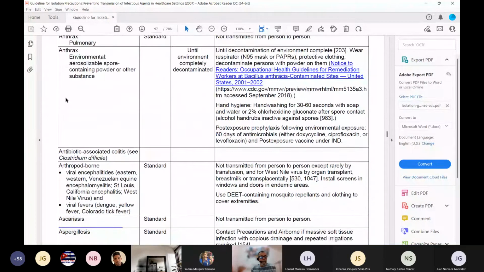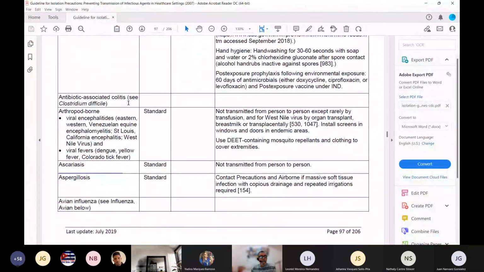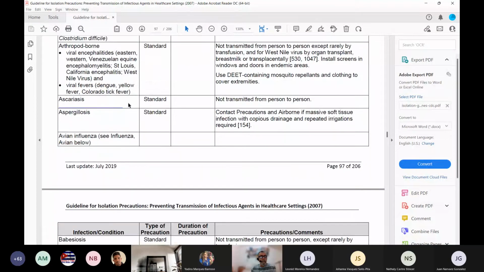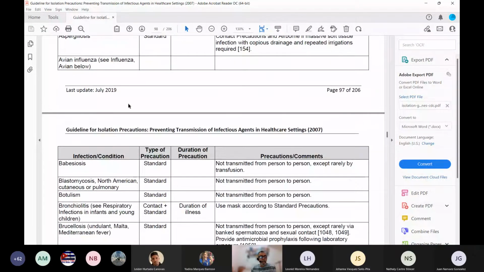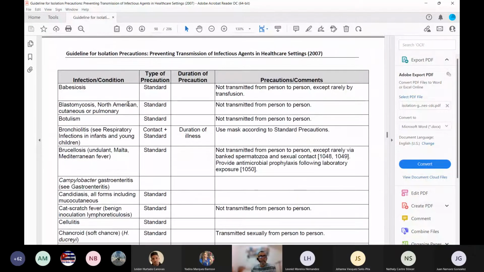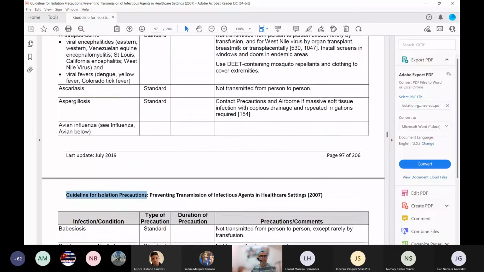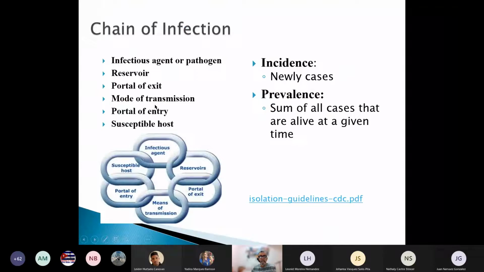So when you start studying and you find something that brings you doubt, please go to the Center for Disease Control .gov and find the publication they have there, the guideline for isolation precautions. This is the most important document to be based on.